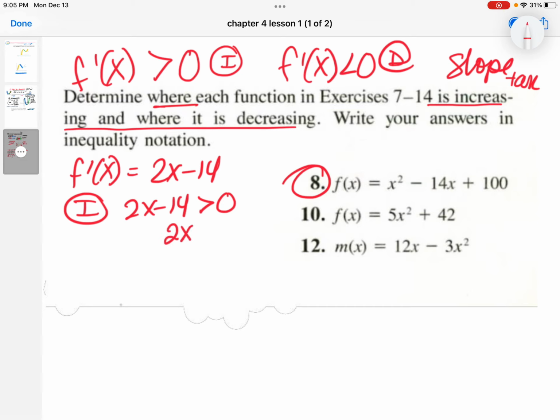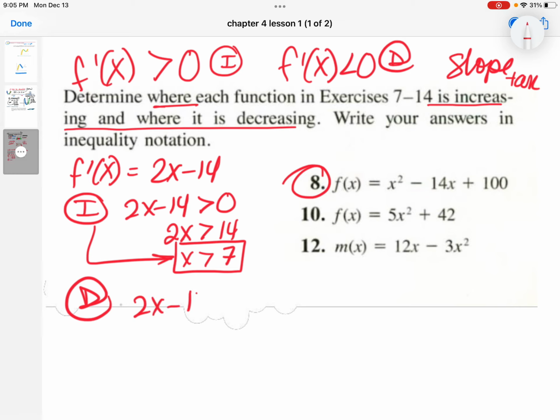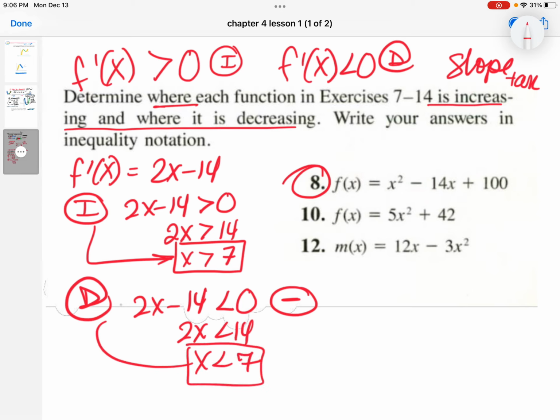We go ahead and solve. And so this is the interval where it's increasing. Decreasing, we're going to take 2x minus 14, set it less than 0 because numbers that are less than 0 are negative, and we want to find out that negative slope where it's decreasing. Okay, so x is less than 7 is where it's decreasing.